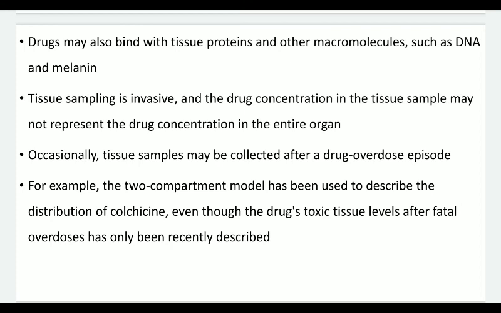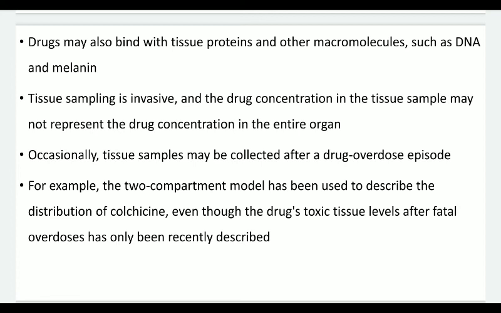Occasionally, tissue samples may be collected after a drug overdose episode. So a specific example has been given of a case in which we have to go for the invasive process of collecting tissue samples to check the drug concentration. For example, the two compartment model has been used to describe the distribution of colchicine, even though the drug's toxic tissue levels after fatal overdose have only been recently described.